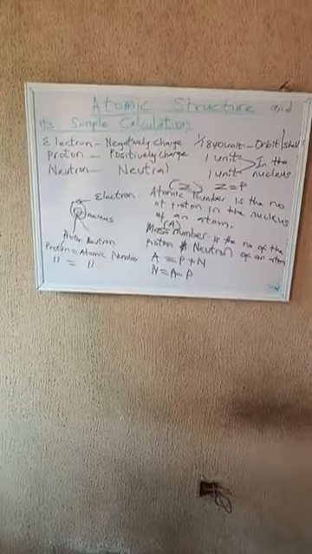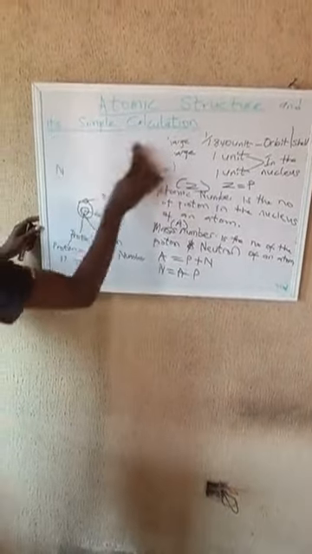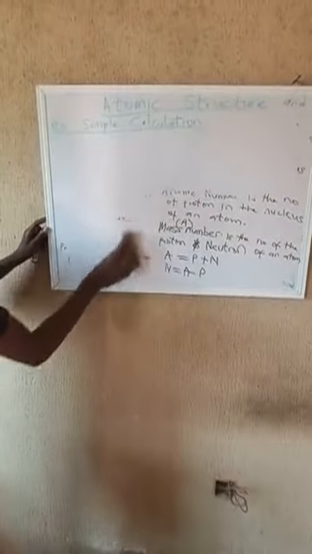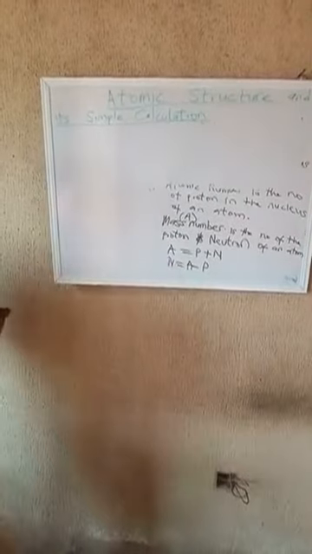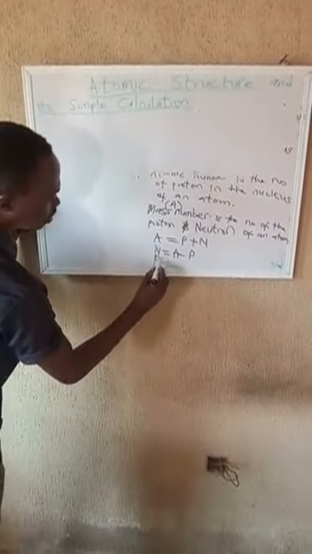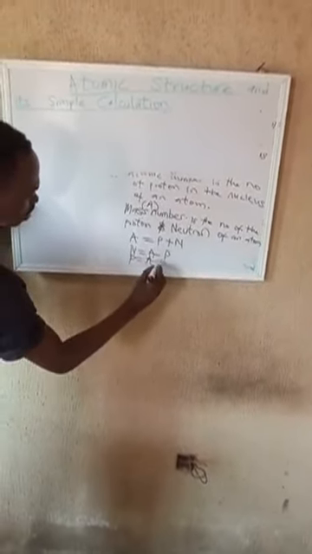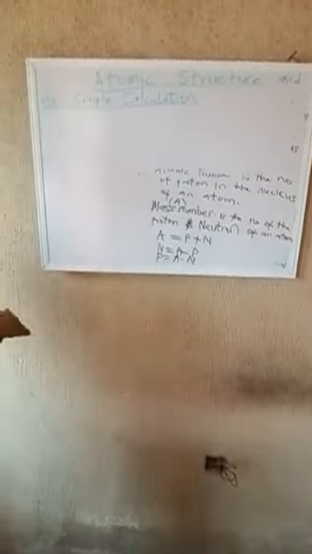So that's just a simple calculation, a quick derivation. In another way, we can play around with this also. If I say proton, proton is equal to the mass number minus the neutron. That's the proton number.